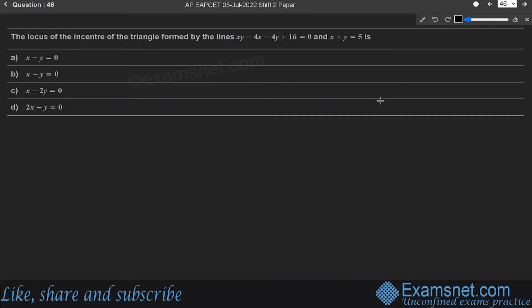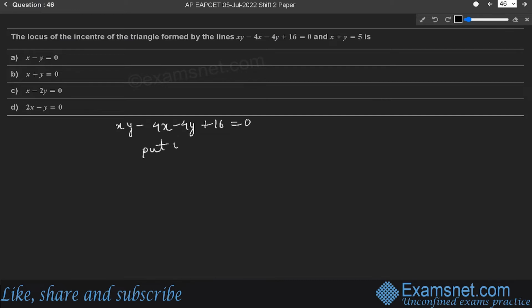Next question is, the locus of the incenter of the triangle formed by the lines xy − 4x − 4y + 16 = 0 and x + y = 5 is. The equation is given here for a line, which is xy − 4x − 4y + 16 = 0.